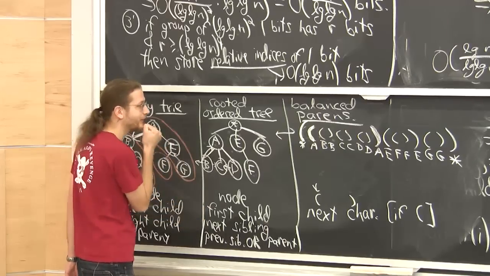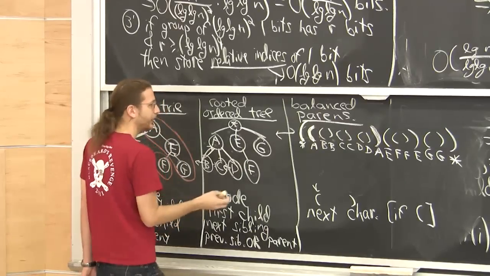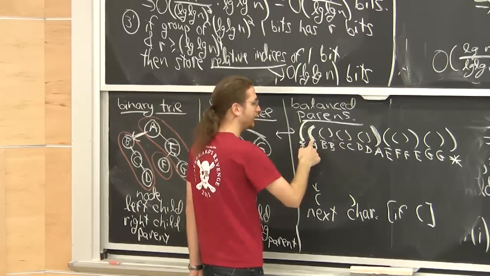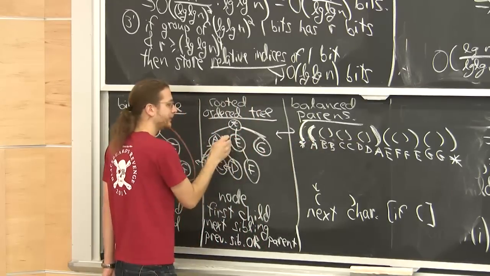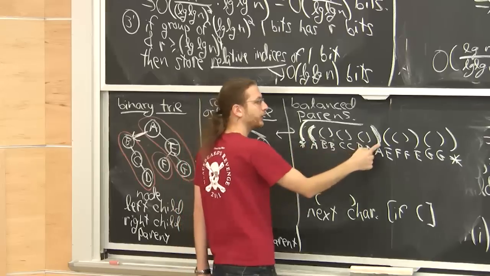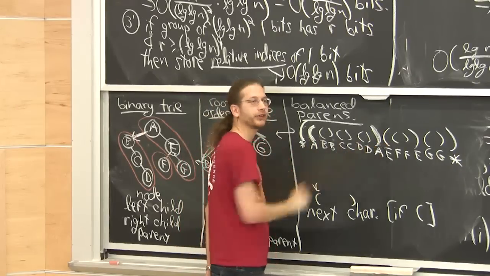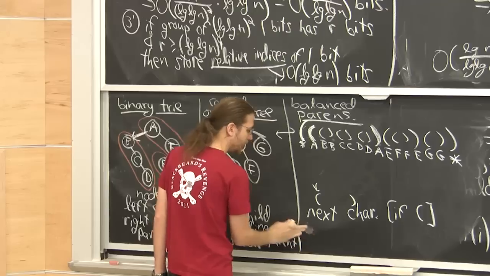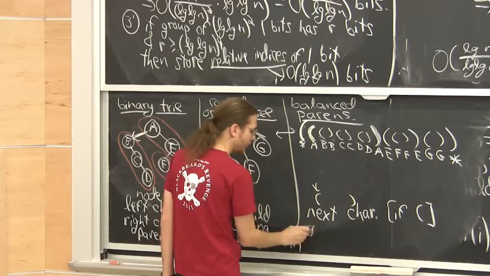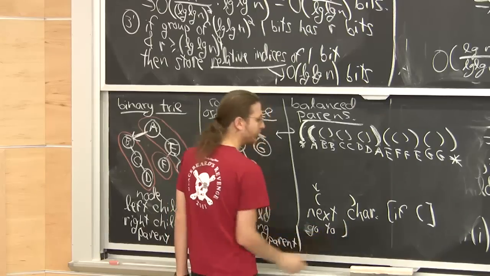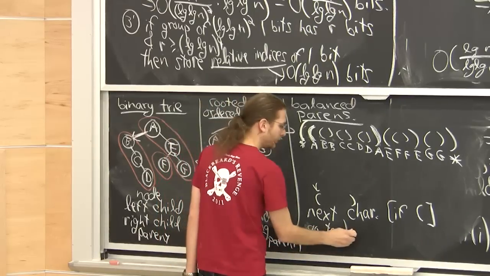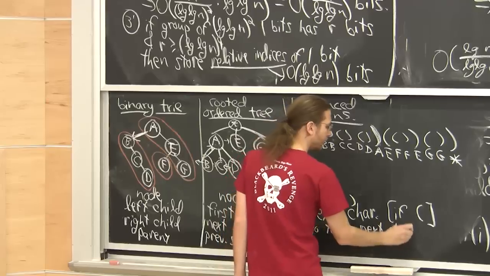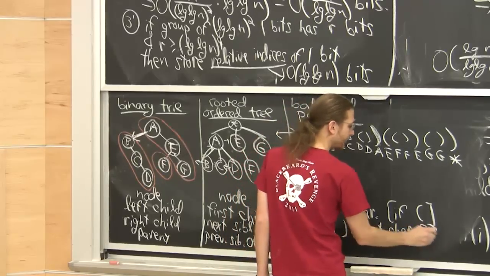Now, what about next sibling? So let's say, again, I'm at A, and I want to know the next sibling. Next sibling is E. So that's like I go to the closed paren for A, and then I go to the next character. So go to the closed paren for where you are right now, and then go to the next character. This is, again, if it's an open paren.